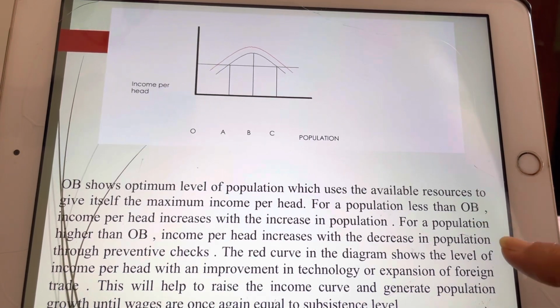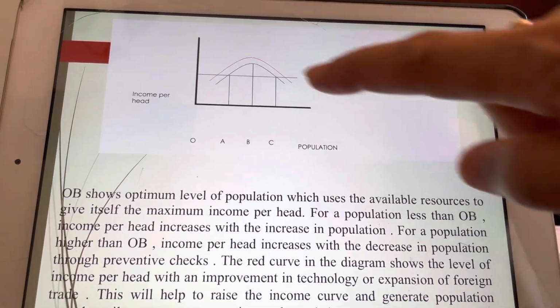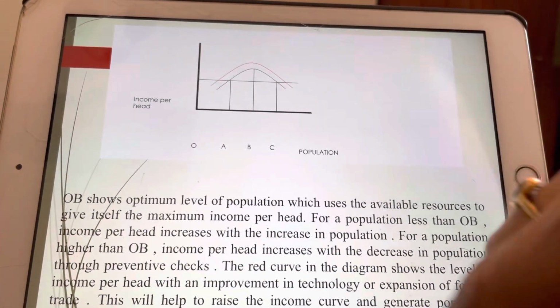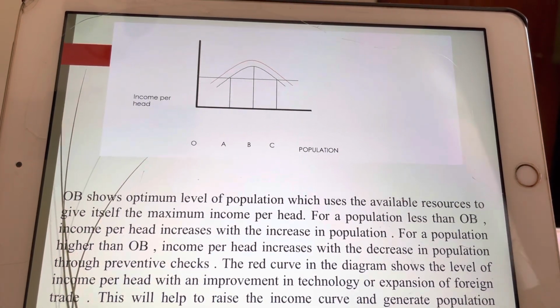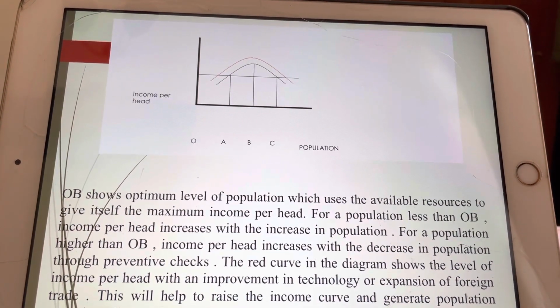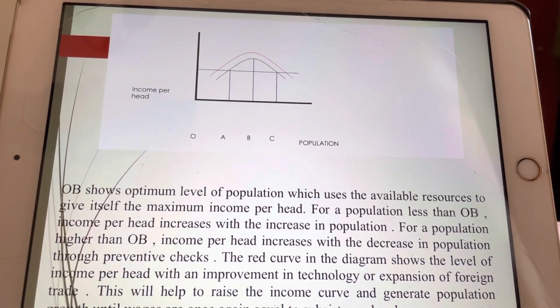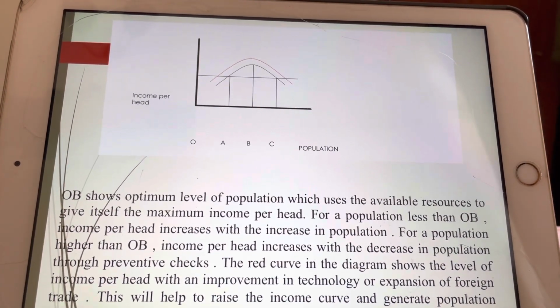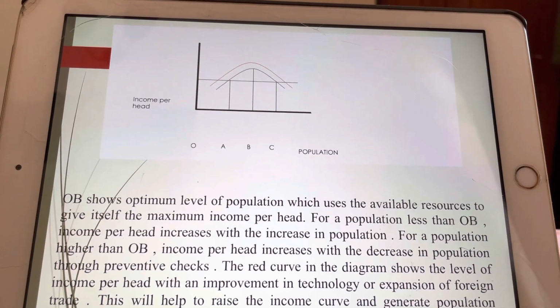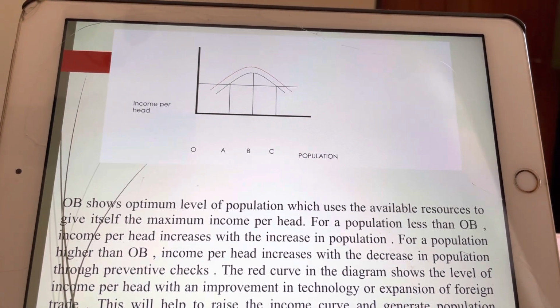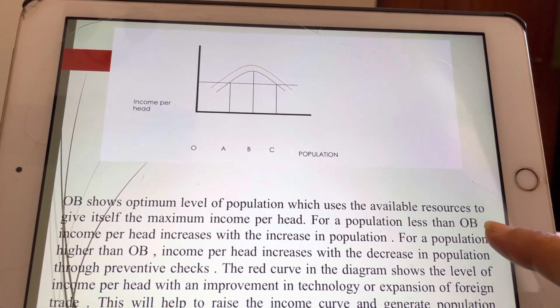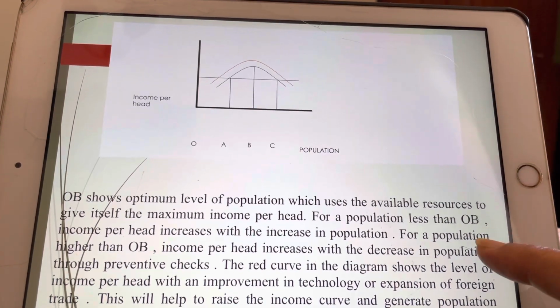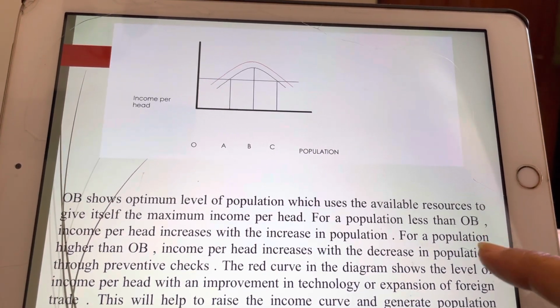For a population higher than OB, meaning it is beyond the OB, income per head increases with the decrease of population through preventive checks. So if the population is higher than OB shown in the diagram, what will happen?